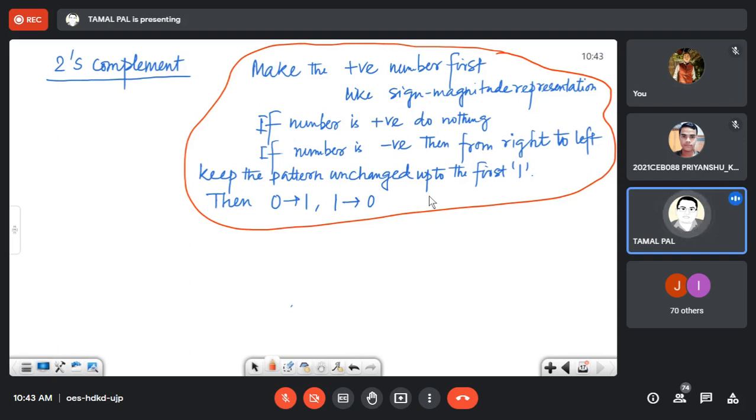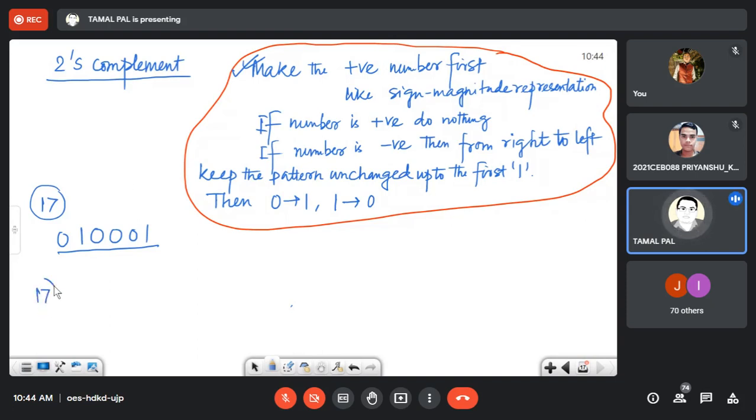If it is 17, you make it 1 0 0 0 1, and before that is 0. If it is a positive number, do nothing. So the 2's complement representation of 17 is this. Clearly the positive number representation is the same for sign magnitude, 1's complement and 2's complement. But what happens to a negative number?